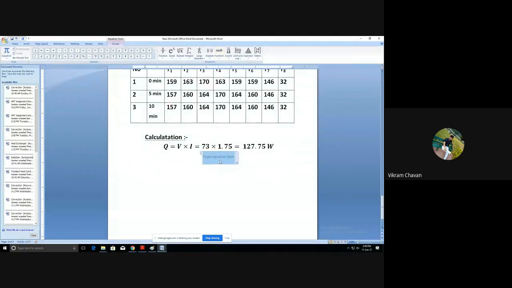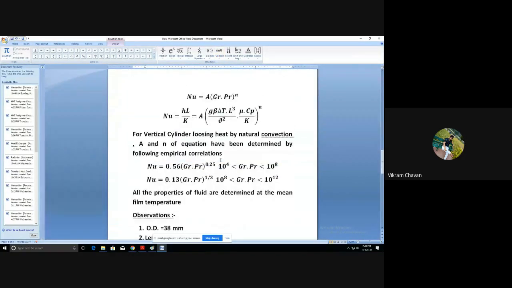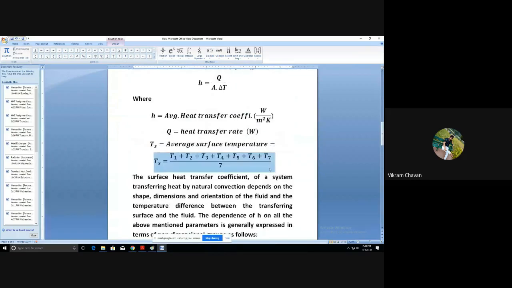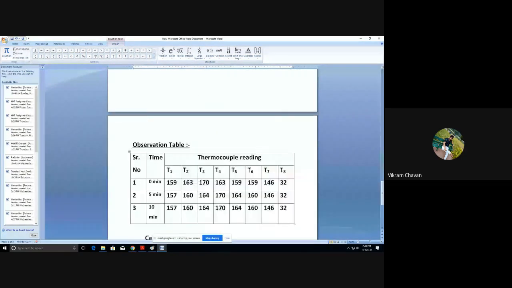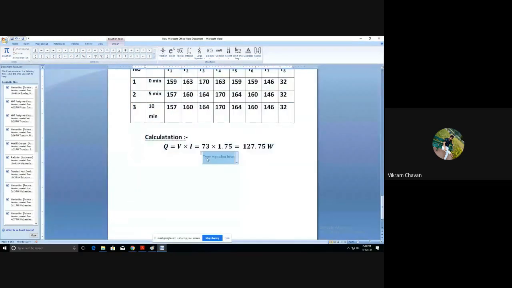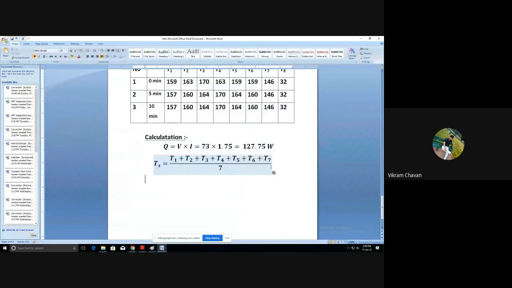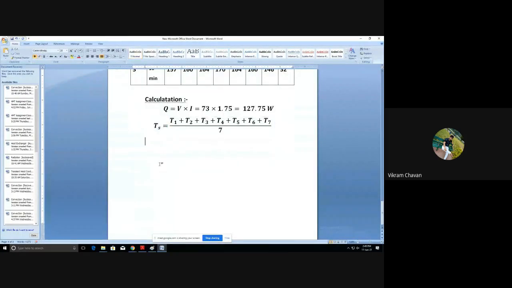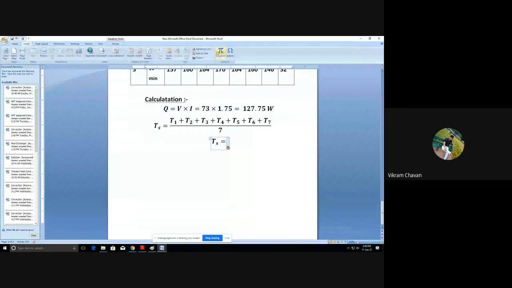I will take the formula directly from here. Ts is equal to T1 plus T2 plus T3 plus T4 plus T5 plus T6 plus T7 divided by 7. The final reading should be selected for the calculation purpose.